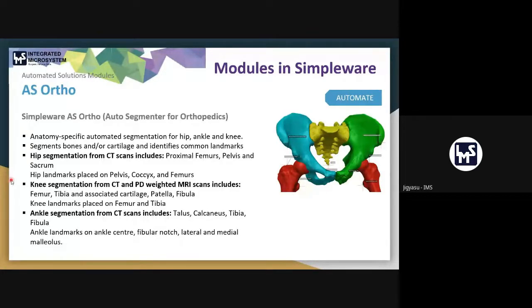Similarly, we have the option to segment the knee from CT as well as MRI scans. We can automatically identify femur, tibia, and associated cartilage along with patella and fibula. Again, knee landmarks are placed on femur and tibia.